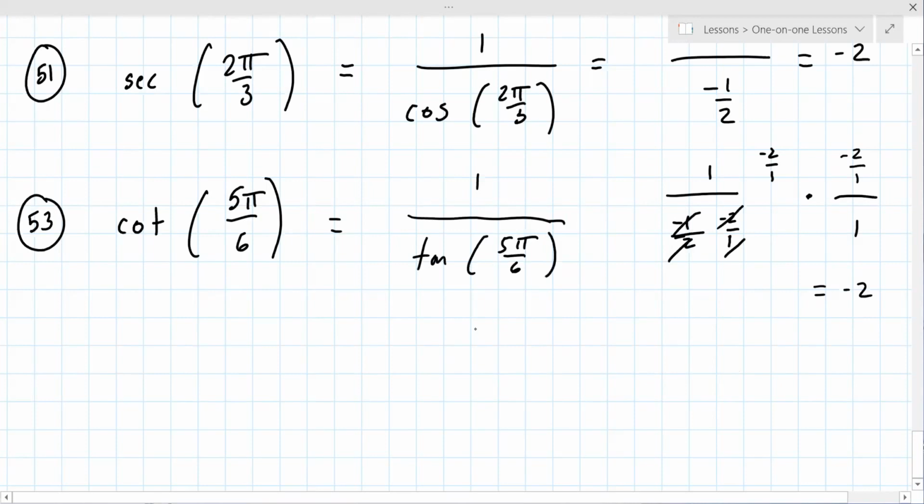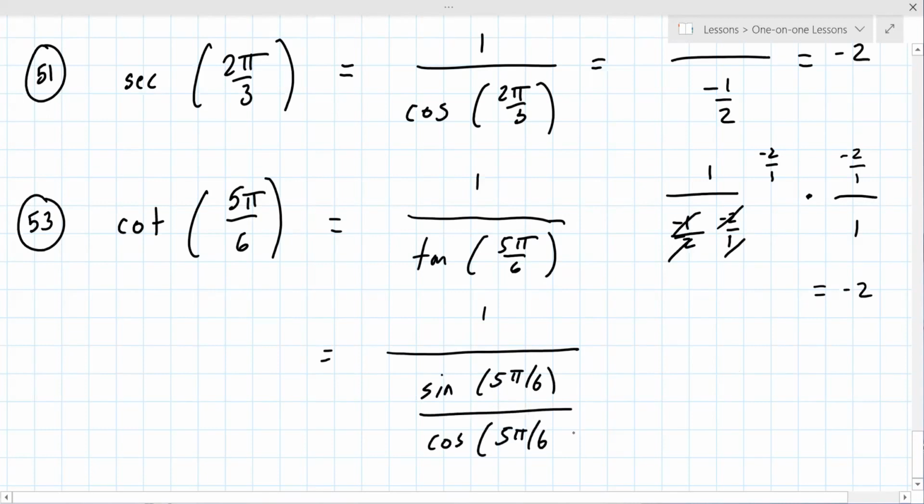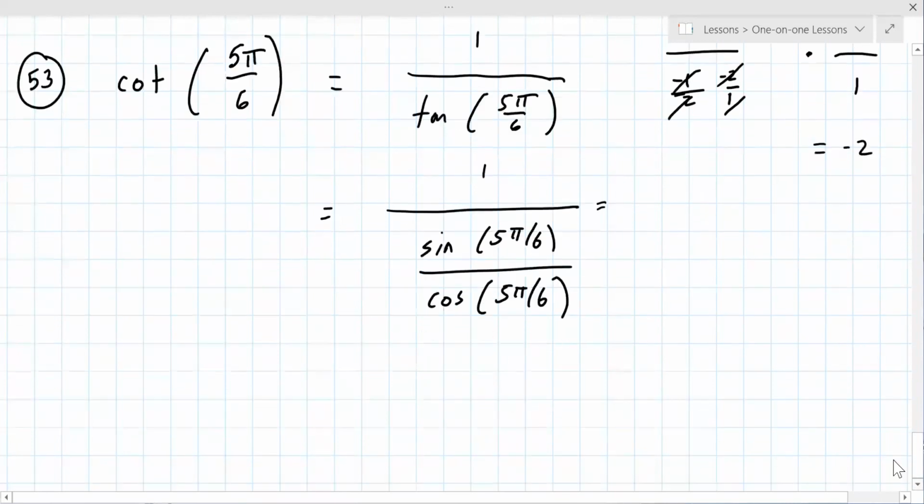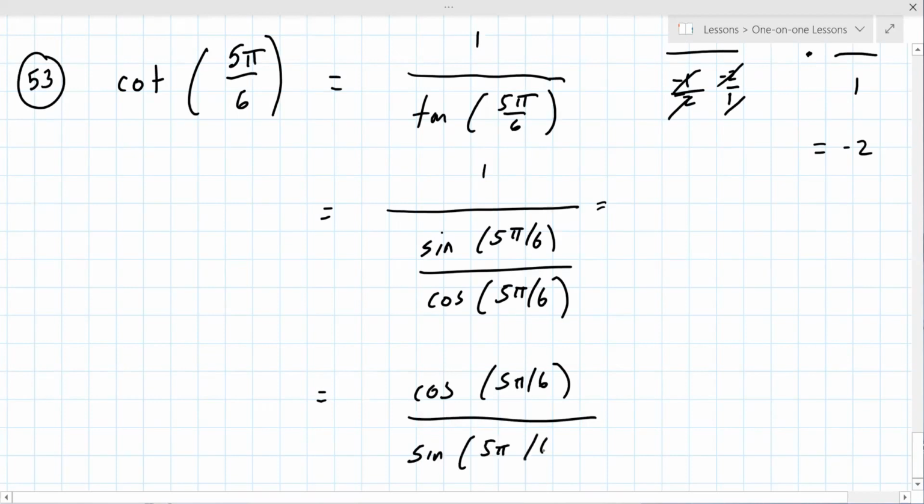Tangent is really sine 5 pi over 6 over cosine 5 pi over 6. Whenever you have 1 over a fraction, it becomes the reciprocal of the fraction at the bottom. So it becomes cosine 5 pi over 6 over sine 5 pi over 6.